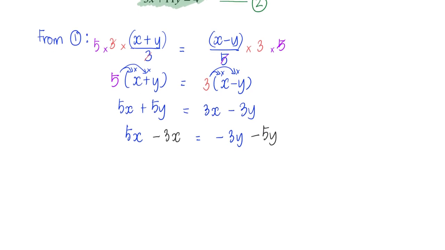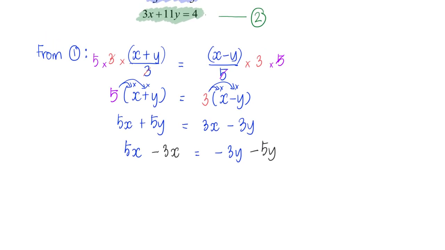And eventually, this is what you will get. 2x here: 5x minus 3x will give me 2x. Negative 3y minus 5y, sorry, negative 8y.